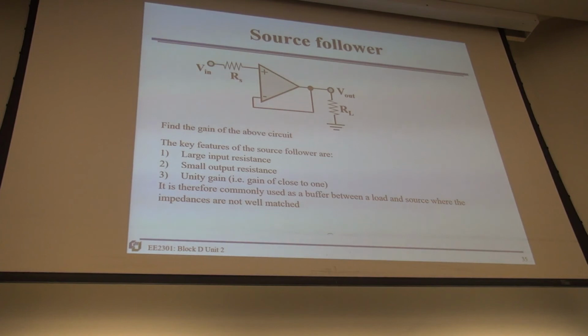The input impedance is very big. I use impedance instead of resistance. It's more general, okay? It may be frequency dependent. At different frequencies, the impedance is different. Okay, how to prove that? We already proved it.